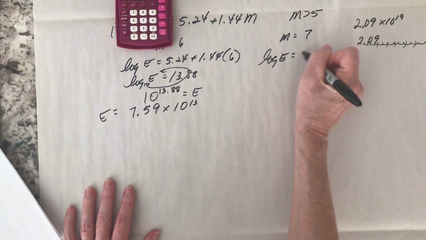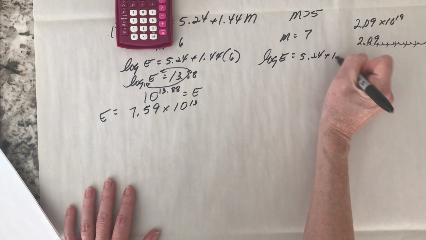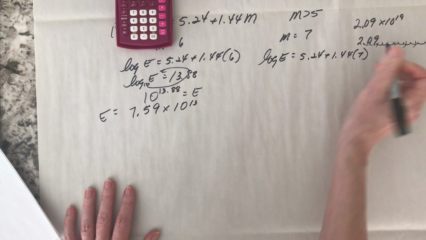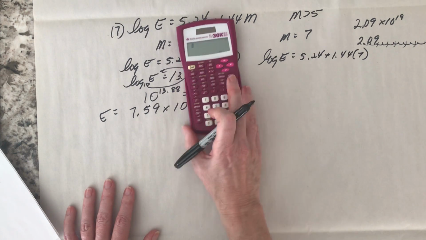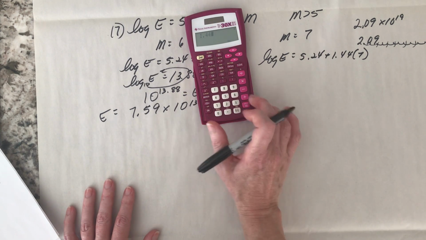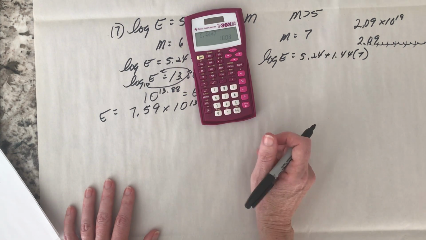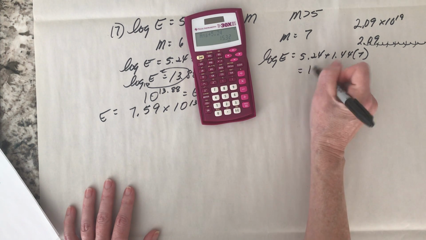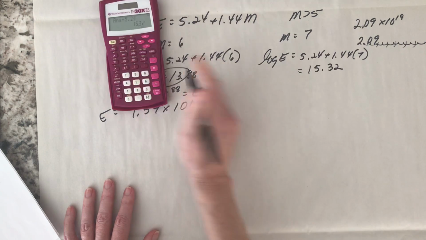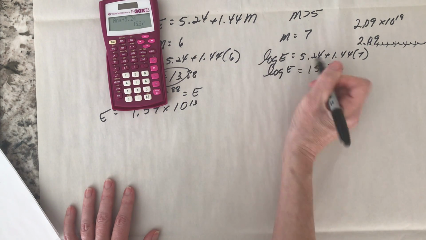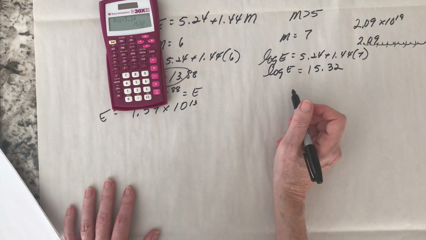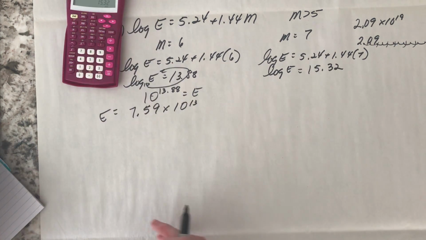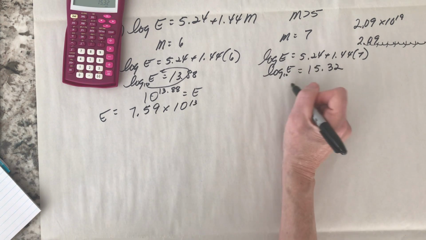Log of E equals 5.24 plus 1.44 times 7. Same game: 1.44 times 7, and then add in the 5.24. So we get 15.32 equals log of E. We know that's an understood 10 in there.